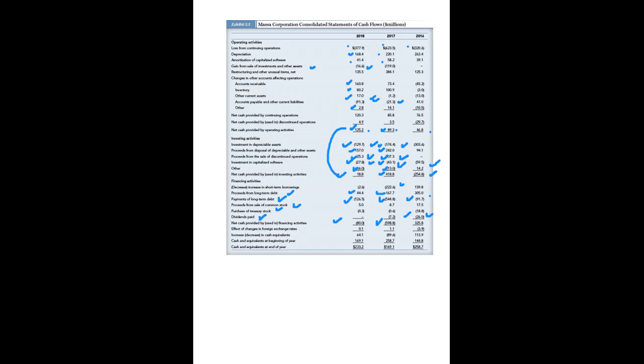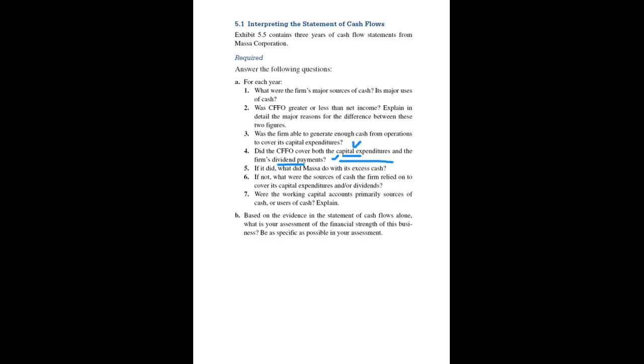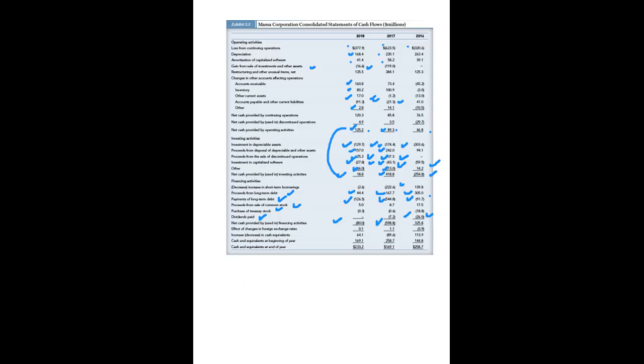The final question, question number 7, is whether the working capital accounts were primarily a source of cash or a use of cash. Now, what are the working capital accounts? Working capital accounts are current assets and current liabilities, right? So let's check out here.